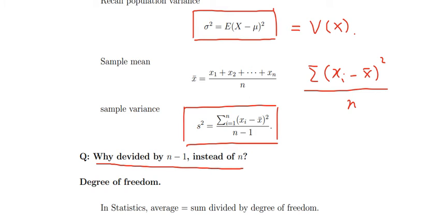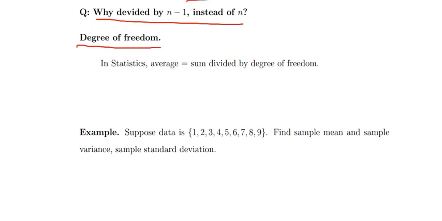Here we introduce an important notion called degree of freedom. In statistics, the mean or average is the summation divided by the degree of freedom. So we can explain why we divide by n minus 1: because n minus 1 is the degree of freedom for those numbers.